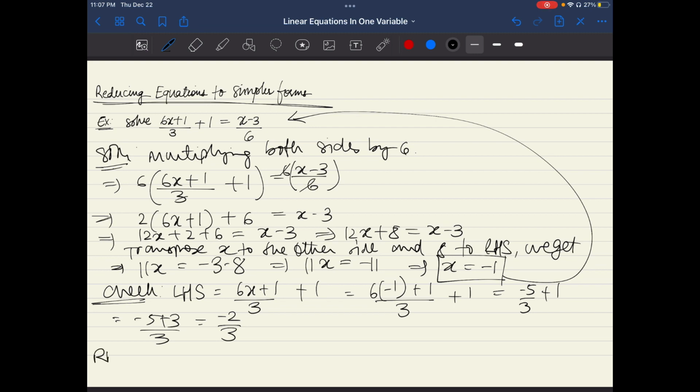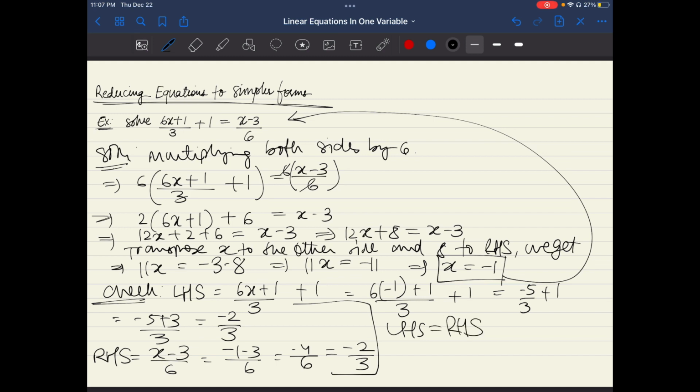And now, similarly, our RHS is (x minus 3)/6, which is (minus 1 minus 3)/6, which is minus 4 over 6, which is minus 2 over 3. So we see that the LHS is equal to RHS, therefore x equals minus 1 is the correct solution to the equation provided to us.